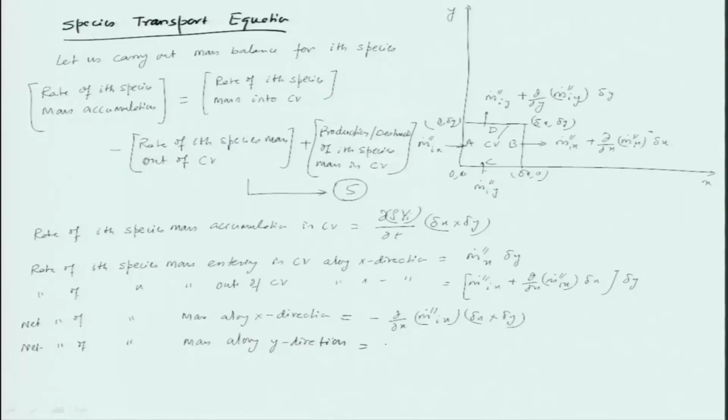It will be minus dou by dou y of the mass flux I_y times delta x into delta y, right. The mass production of the ith species in the CV, what would it be?